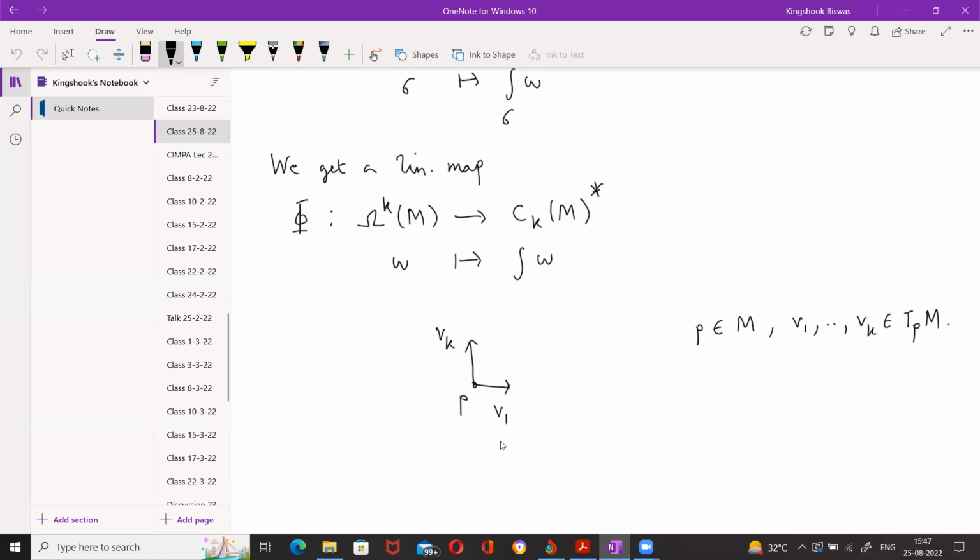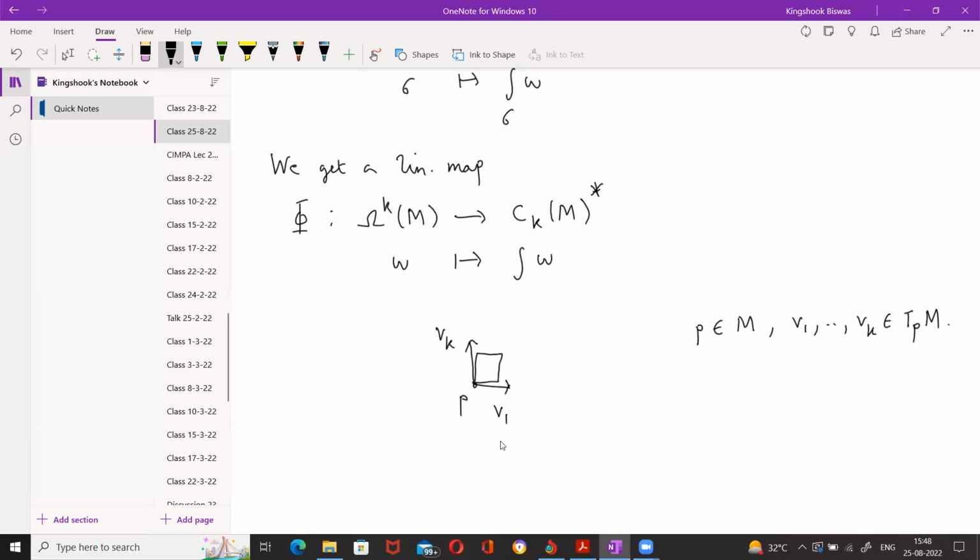Suppose I take a small cube in M which is almost parallel to these vectors v_1 to v_k. Then if the lengths of the cube are of order epsilon, we should expect the integral of omega over this small cube to be something like epsilon to the power k times the value of omega acting on the vectors v_1 to v_k.